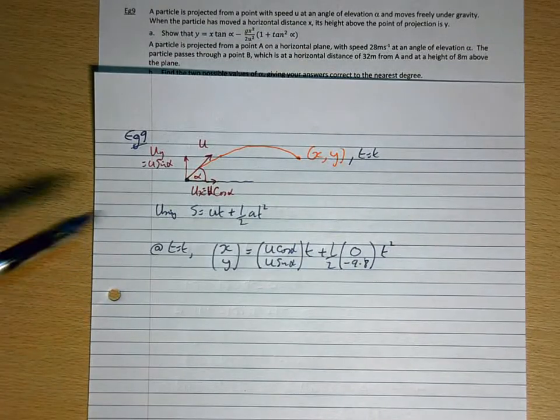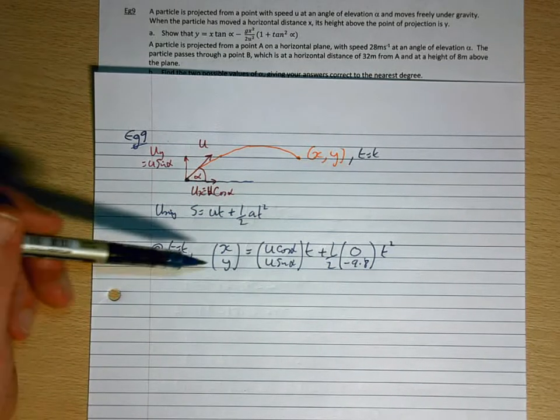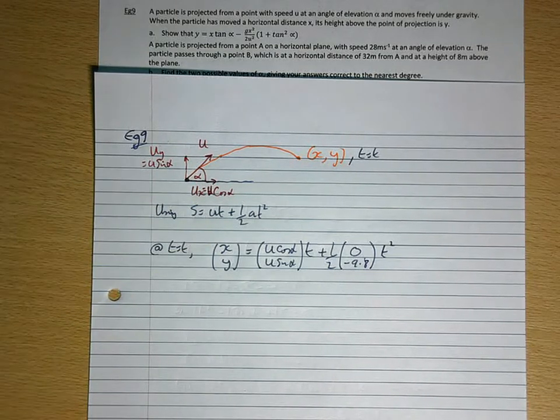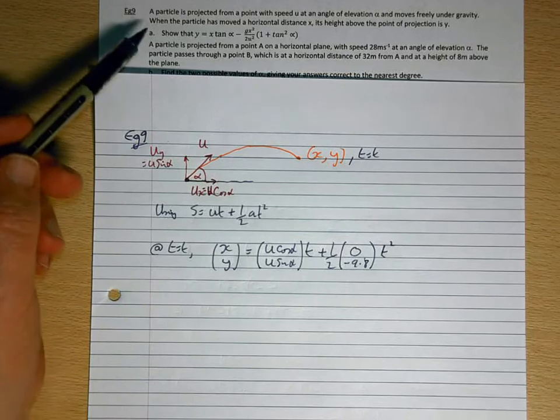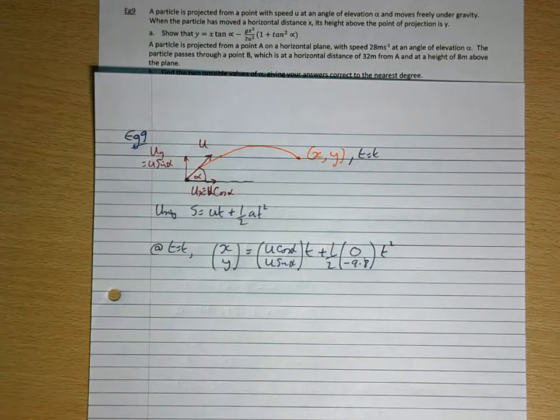So that one vector equation is going to form a pair of simultaneous equations, and looking back at the show that, I can see that time does not feature in that equation. So from my simultaneous equations, I'm going to want to eliminate t to form a single equation.